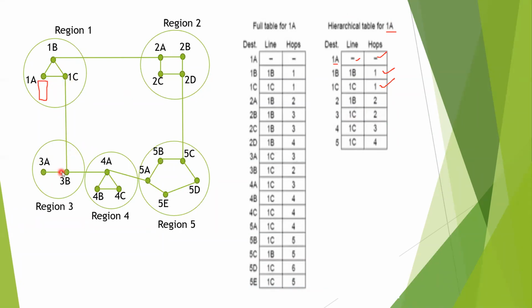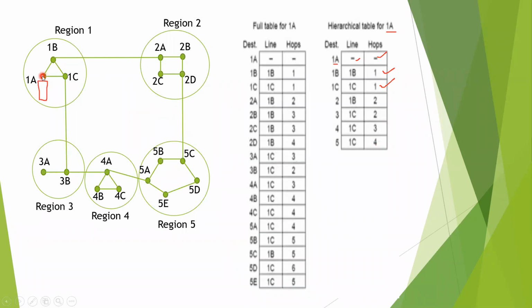Now region 3 will search for the destination and then forward. So this is how it contains. Next, to reach region 4, it has to go through 1C itself, because it takes 1, 2, 3 hops. Similarly, to reach region 5, 1 hop, 2 hops, 3, 4 hops are required.